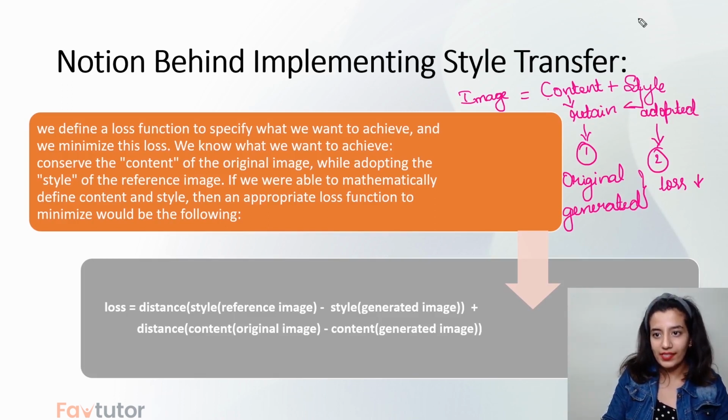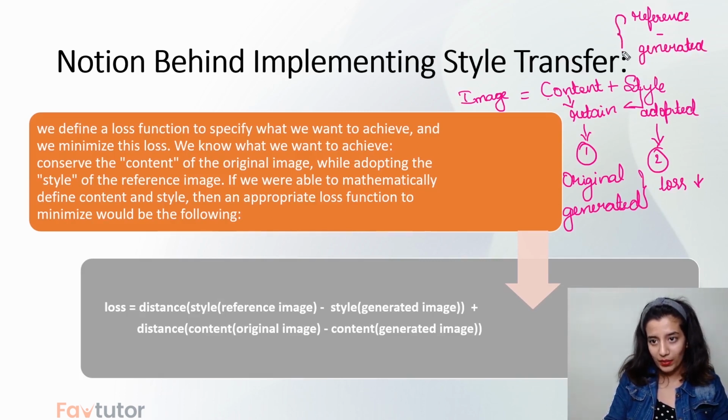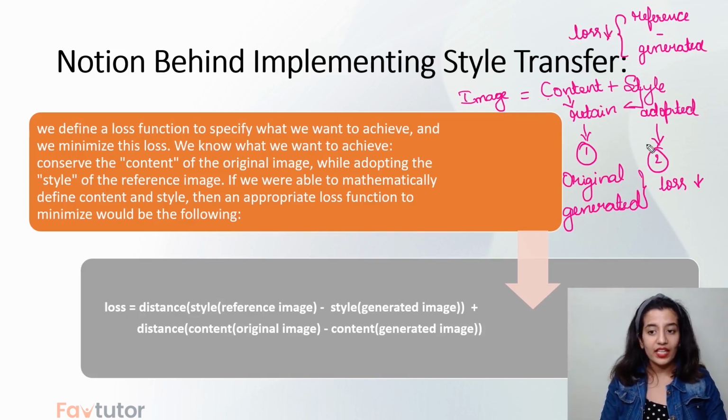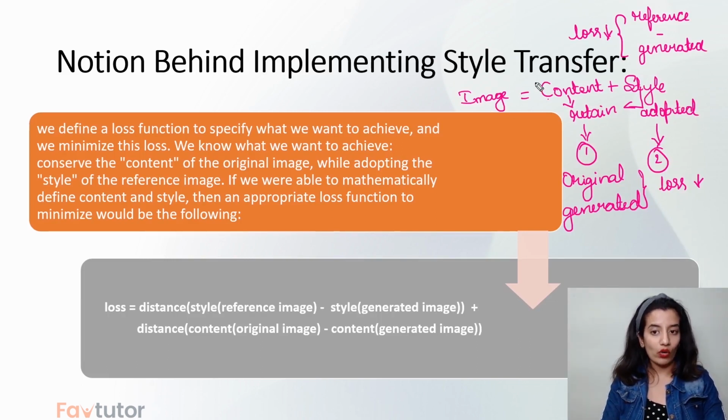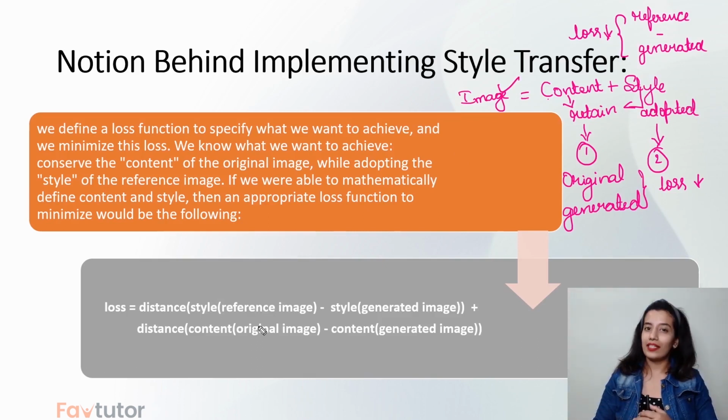Whatever is in the reference image, if you take the difference between the reference image and the generated image, the loss between these two should always be small. So basically the content loss as well as the style loss together will give you the loss for the generated image. I hope this is clear for you all.